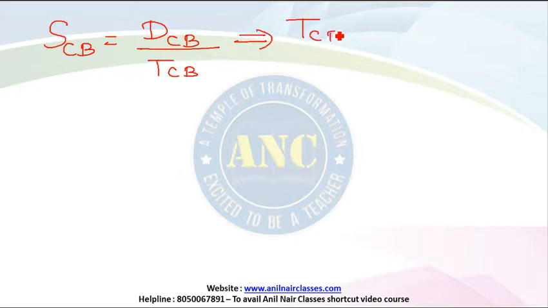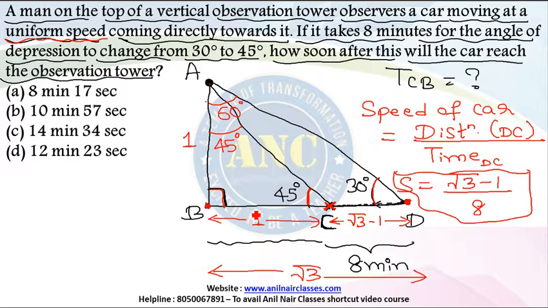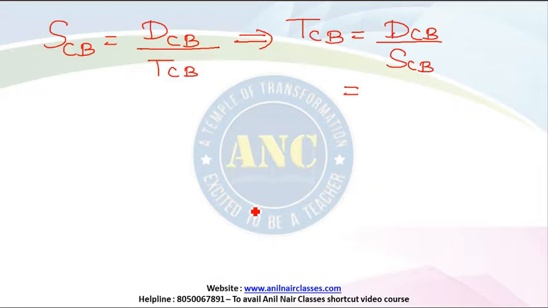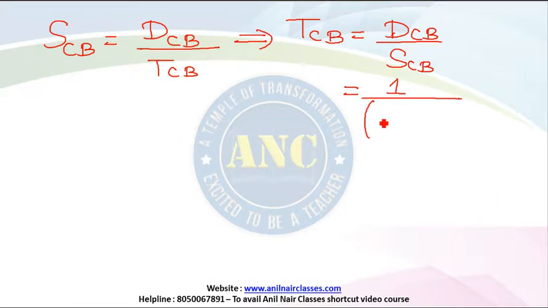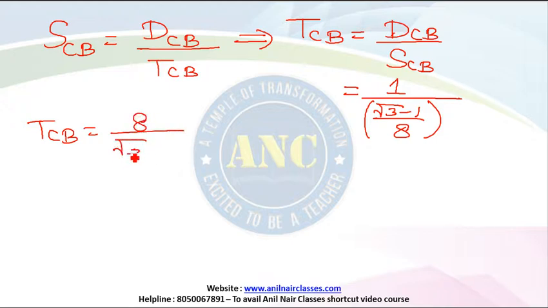Time taken from C to B is distance traveled from C to B divided by speed from C to B. Distance traveled from C to B is nothing but 1 unit, divided by the speed, root 3 minus 1 divided by 8. So time taken from C to B is 8 divided by root 3 minus 1.